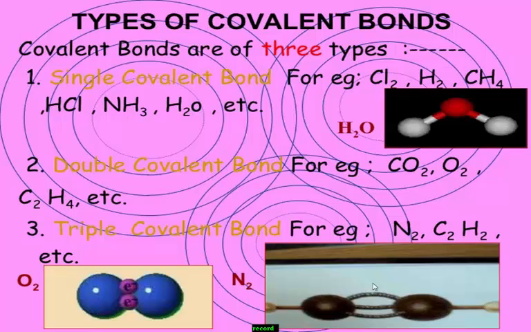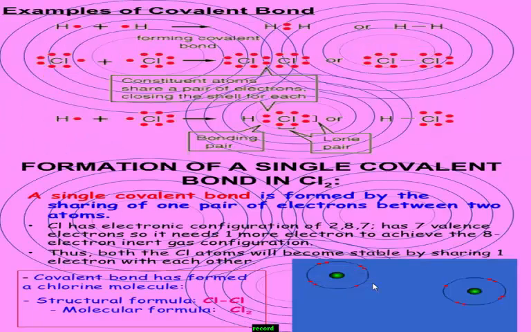Students, depending on the mutual sharing of electrons, bonds are formed between two atoms. Some examples of covalent bonds are given here. Go through the chart here. First one, two hydrogen atoms both contain one electron, and due to the mutual sharing of electrons, the hydrogen molecule is formed with a single covalent bond. Between chlorine atoms, it contains a single covalent bond.